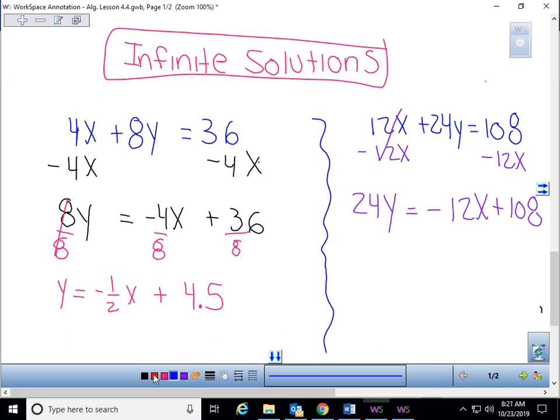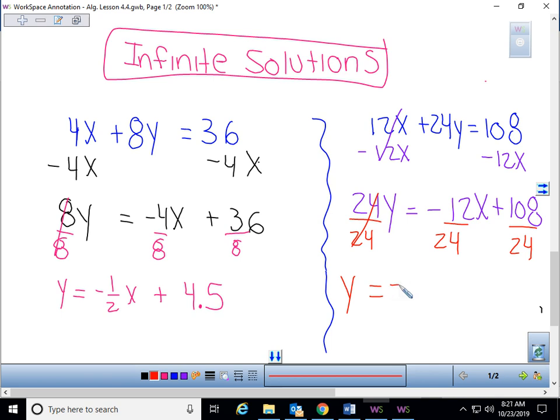Same idea, trying to get my y by itself. So I'm going to divide everything, all my numbers, by 24. So let's get you y equals negative 12 divided by 24.